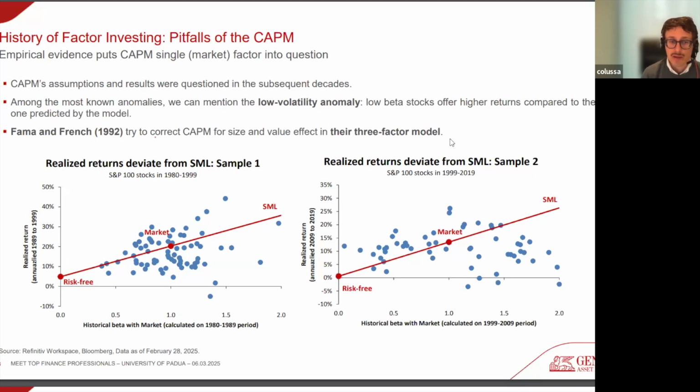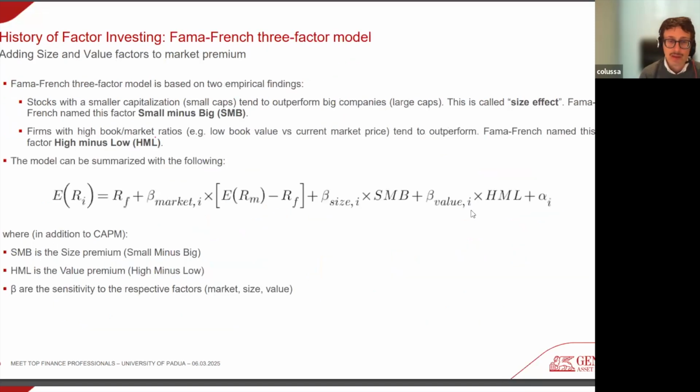So this is one of the first observations that put, let's say, the CAP model into question, saying basically that it's not sufficient to use only the market as a factor, and the sensitivity to the market as the only element, to explain the expected return of an asset.